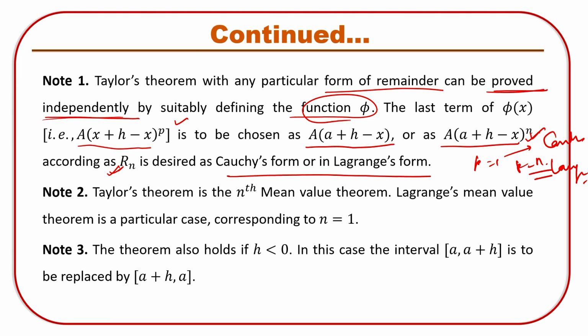So, the Cauchy form of the remainder and the Lagrange form of the remainder can be easily proved independently.